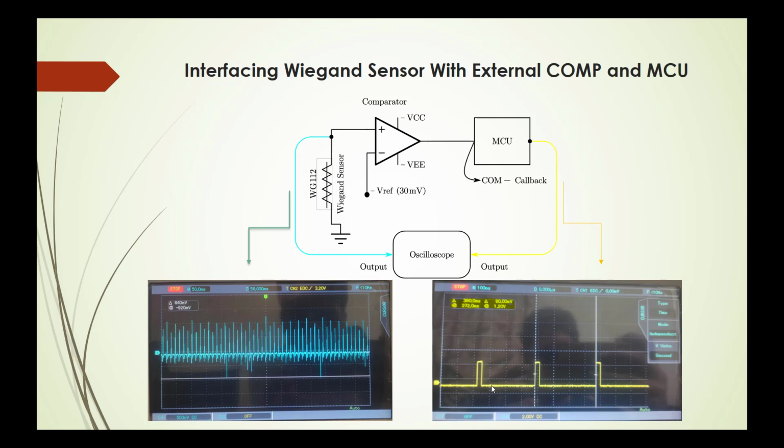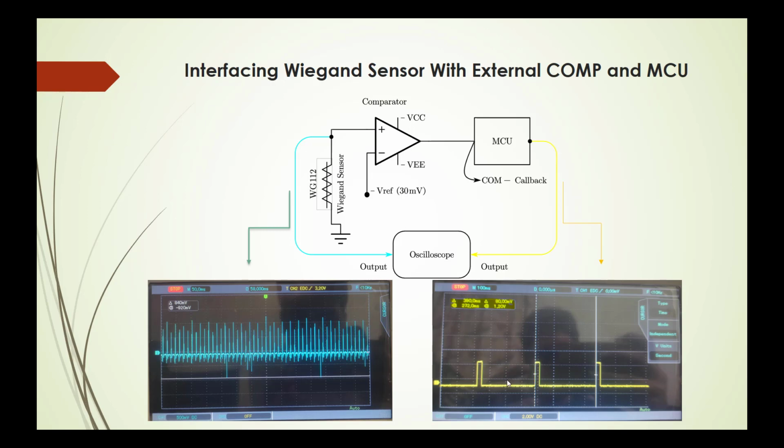But keep in mind that by changing the reference voltage, the output voltage may be affected. Like whenever you take the reference voltage 30 millivolt, whenever the output voltage of the Wiegand sensor is up from this threshold voltage, the output will be like this one. Otherwise below this voltage the output will be zero, you can see.